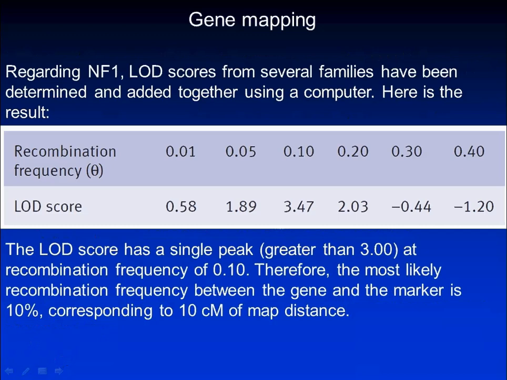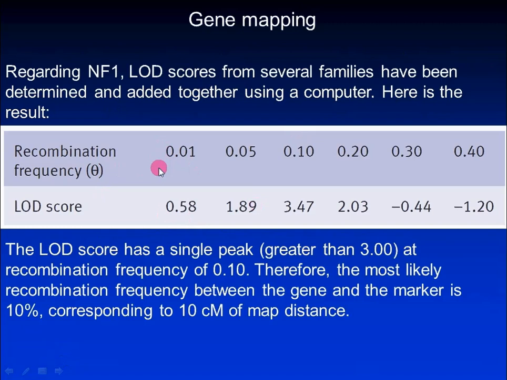Regarding NF1, LOD scores from several families have been determined and added together using a computer, and the result is shown here. For example, when recombination frequency is 0.01, LOD score is 0.58.